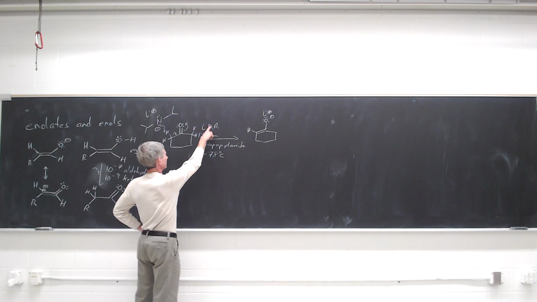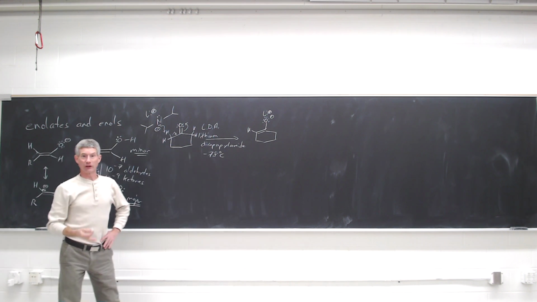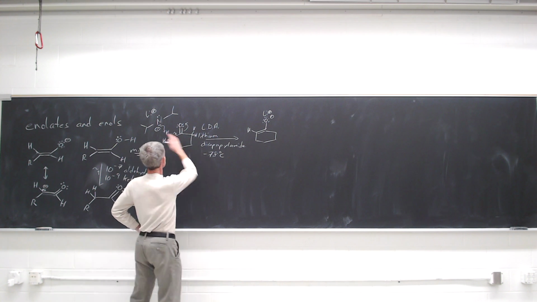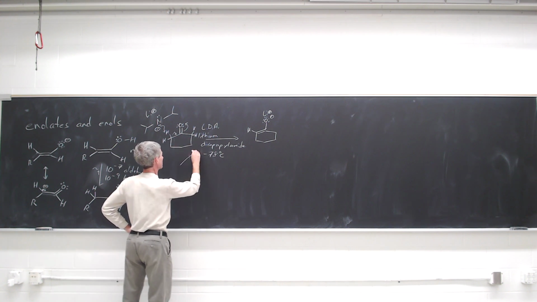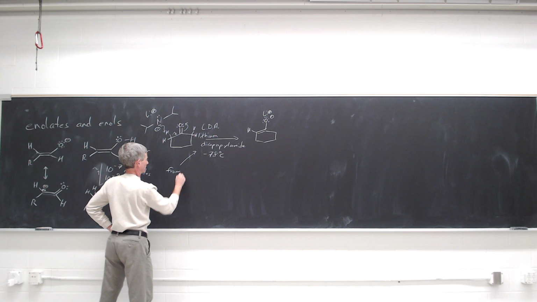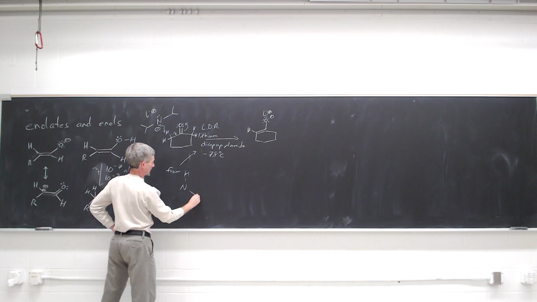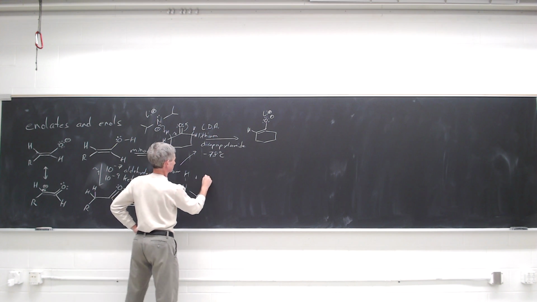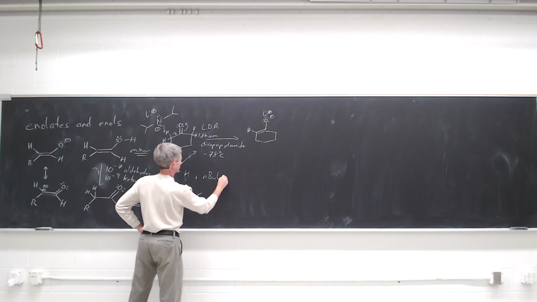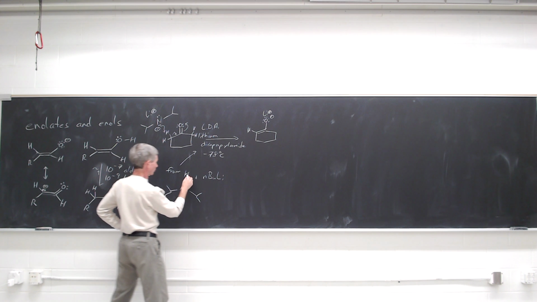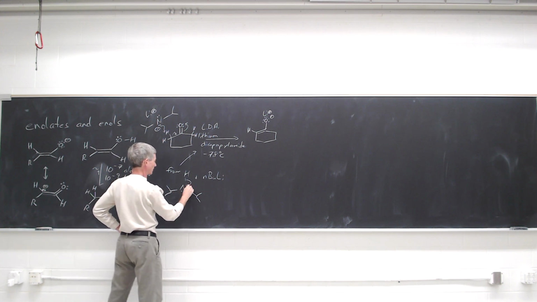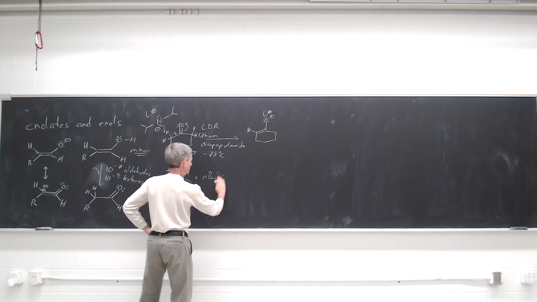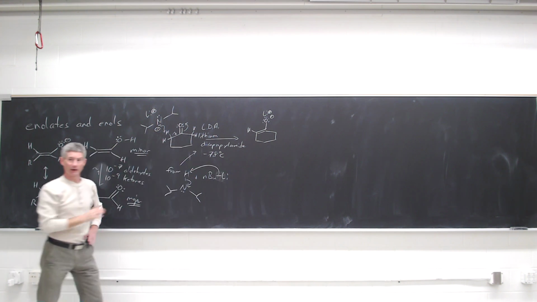Typically, the lithium diisopropylamide is actually generated in situ by treating diisopropylamine with an alkyl lithium compound like butyl lithium. The alkyl lithium is a strong base and deprotonates the diisopropylamine to form the diisopropylamide ion.